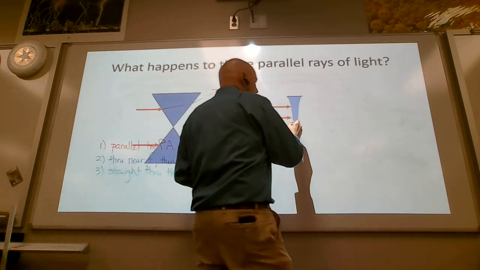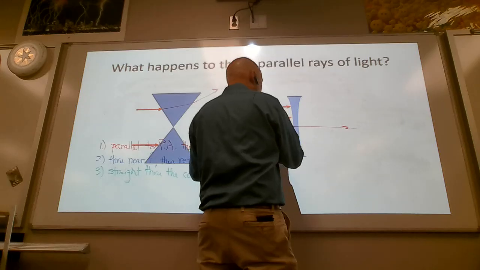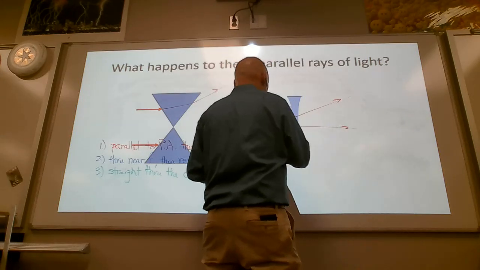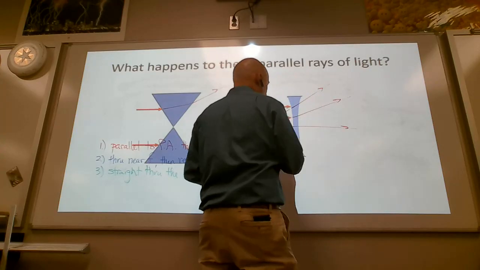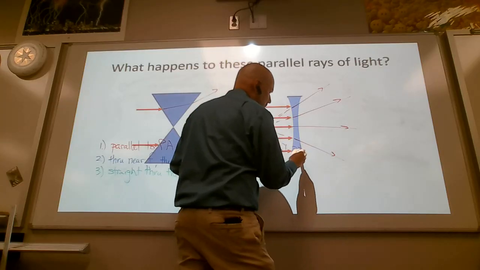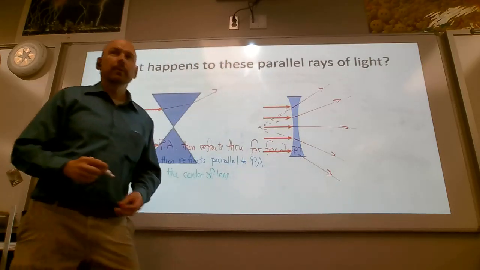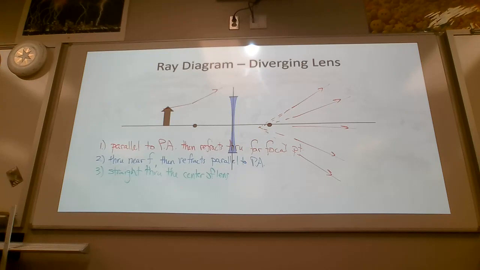So this diverges as if it came from a point. Divergent lens. Good with that?